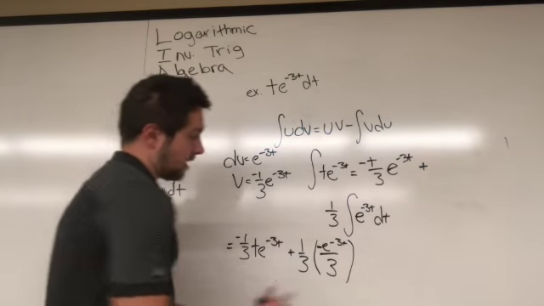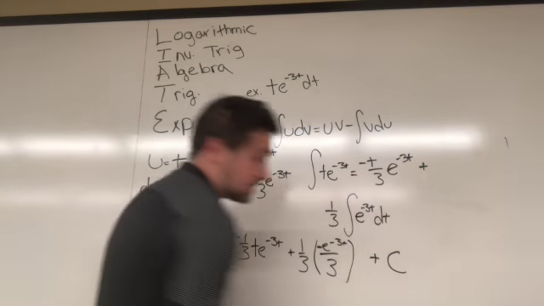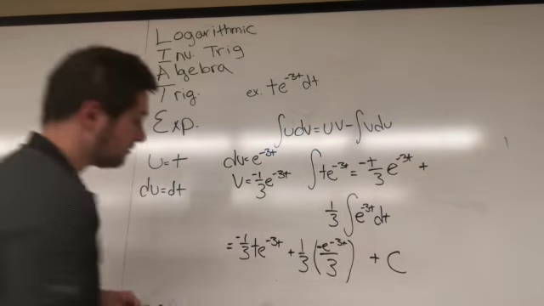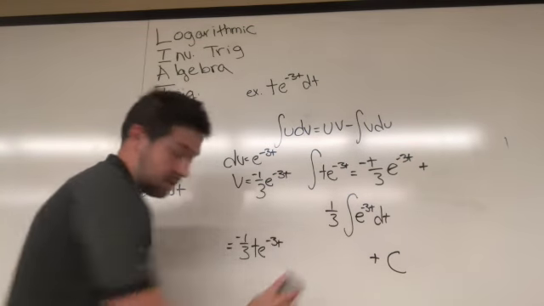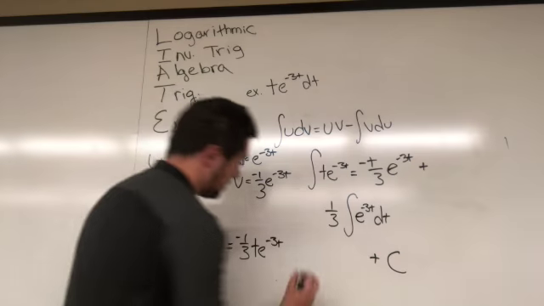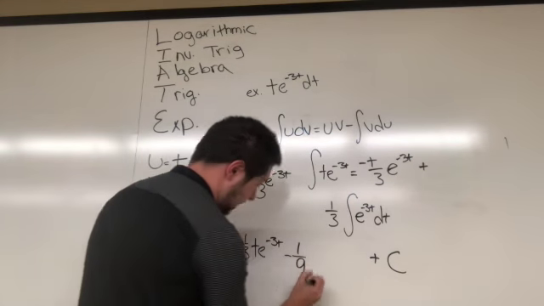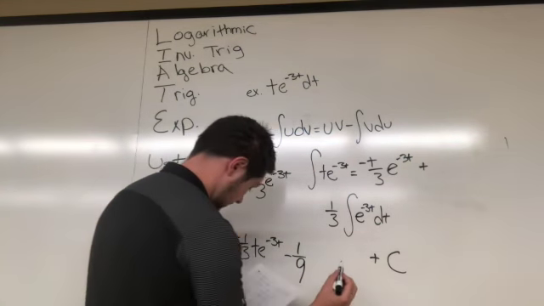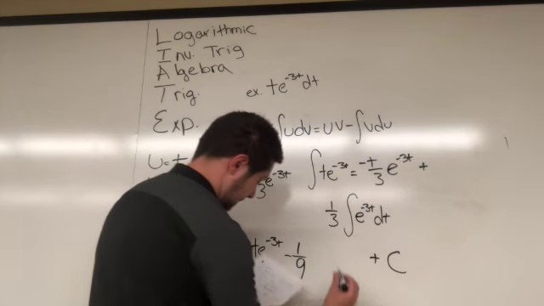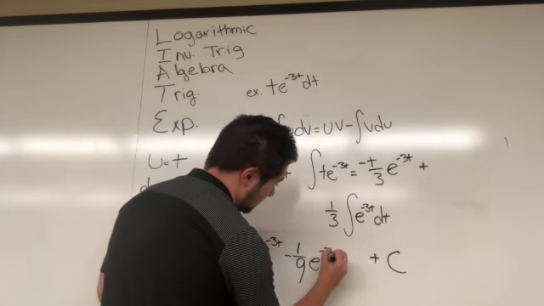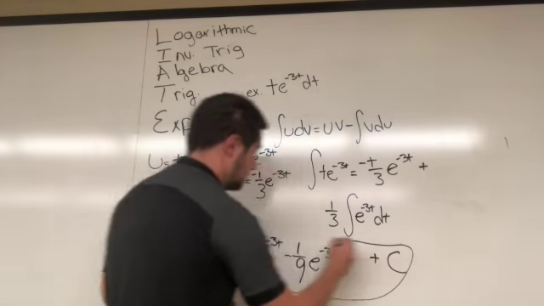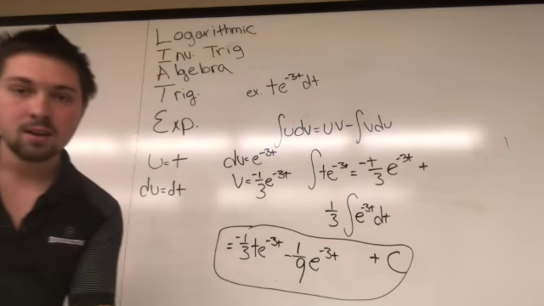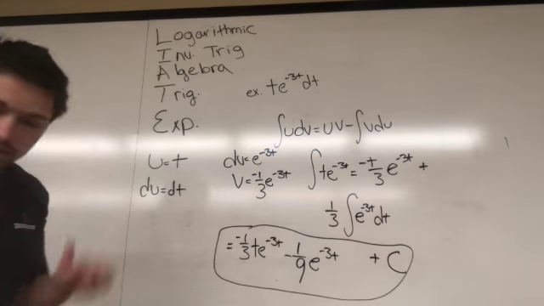Then, to simplify it, there's also, of course, going to be this plus c going on over here. To simplify it, you can simply apply this, and it becomes a negative 1/9 e to the negative 3t plus c, getting us our answer. There you guys go. I'll give you just a second to fill that in.